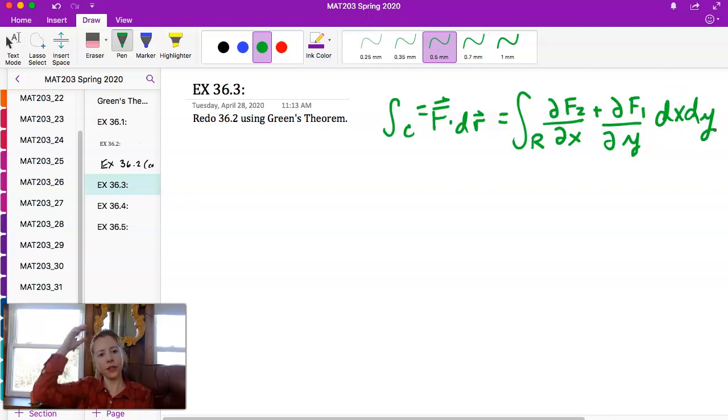And so Green's theorem only works if we have a path dependent vector field, so not a gradient vector field. Because remember, if we have a conservative or a gradient vector field, we know that this line integral comes out to 0, or that the integral over the region of del f2 over del x plus del f1 over del y comes out to 0. So this only works on path dependent line integrals.